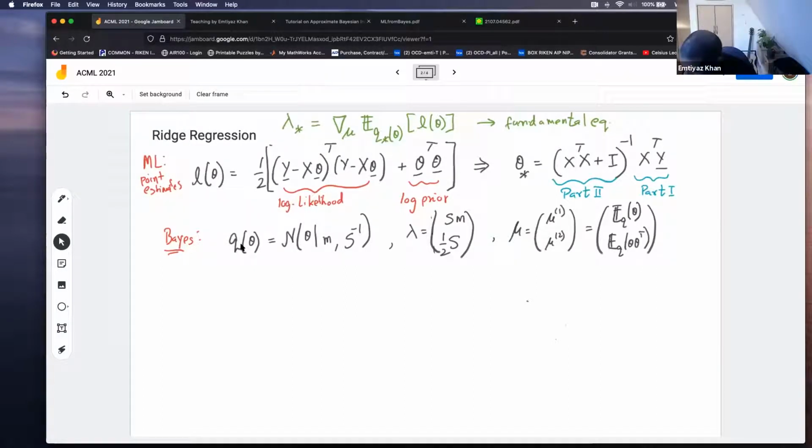If you remember from statistics, the first one is the mean and the second one is the correlation matrix. It's not the covariance, it's the correlation, but you don't need to know that right now. Now we have specified all the parts needed for this equation. We have lambda.